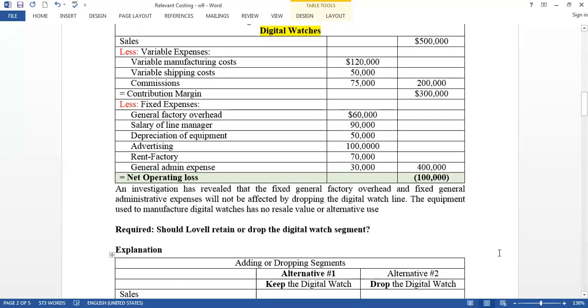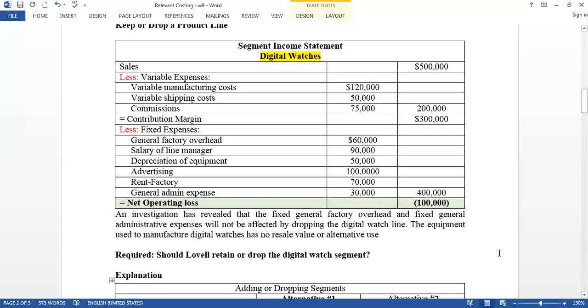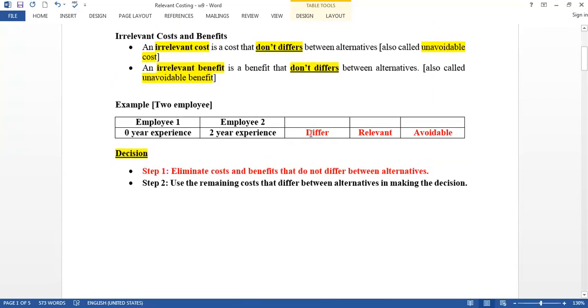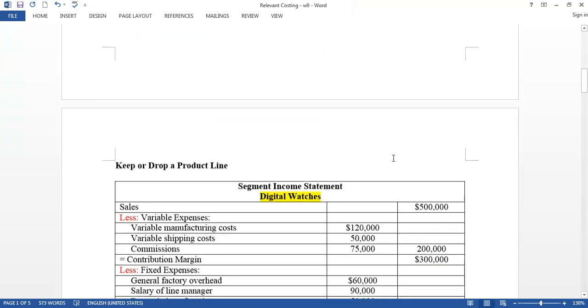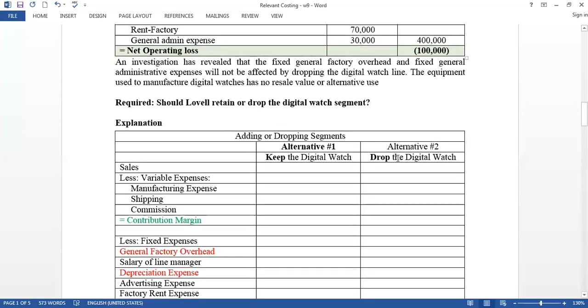Now we have to read the question and find out which alternatives have some common costs and benefits and which items do not have any common costs and benefits. Like here, we are going to prepare a table like this, with difference and no difference. If we have no difference, we have to eliminate them. We are only going to keep them if there is a difference between these two alternatives. So I think you understand the two alternatives, right? We are going to keep it or we are going to drop it.